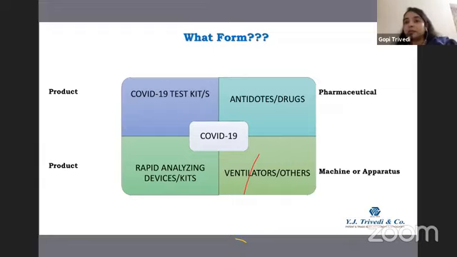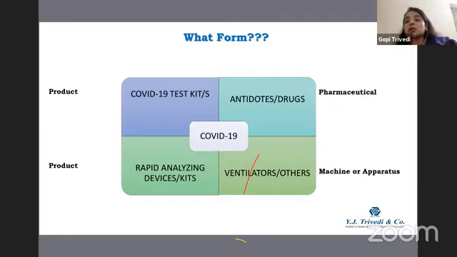So let's say if there are test kits developed, they shall be filed under the product patent. If there is sophisticated machinery or devices to provide you the analyzing or testing kits, that shall also fall under products.